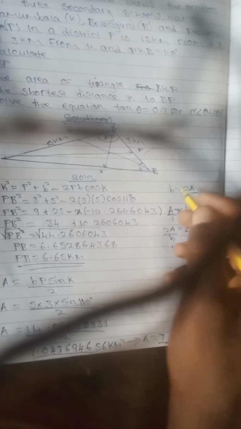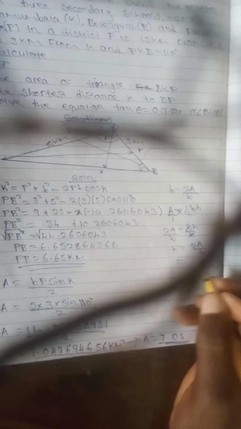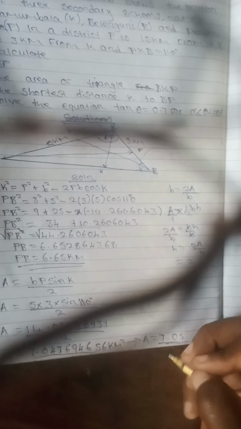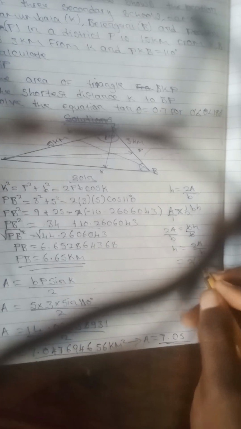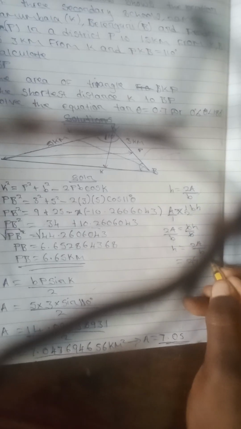So you can just know this formula and use it to find the shortest distance. So we are going to use this formula to find the shortest distance. So h is equal to 2 times what is our area? Our area is right over here, 7.05.